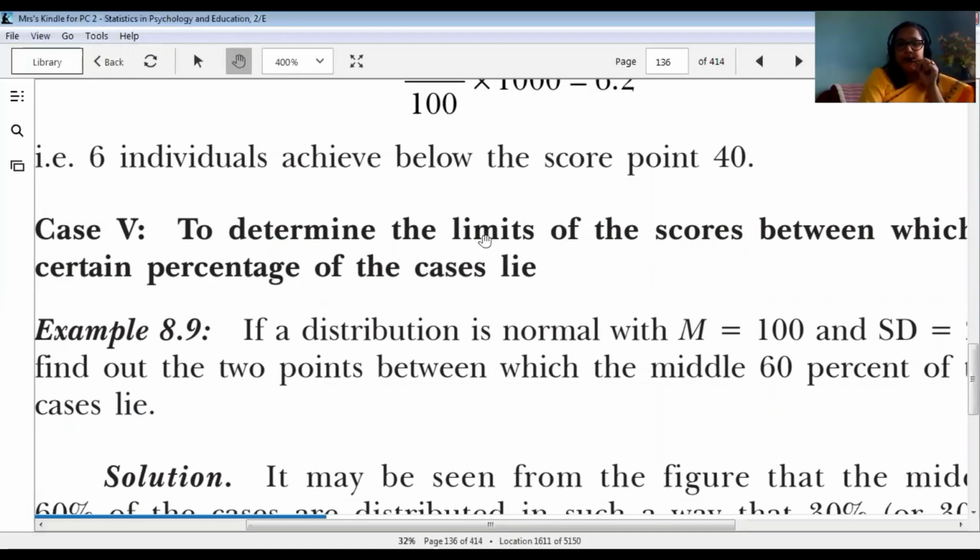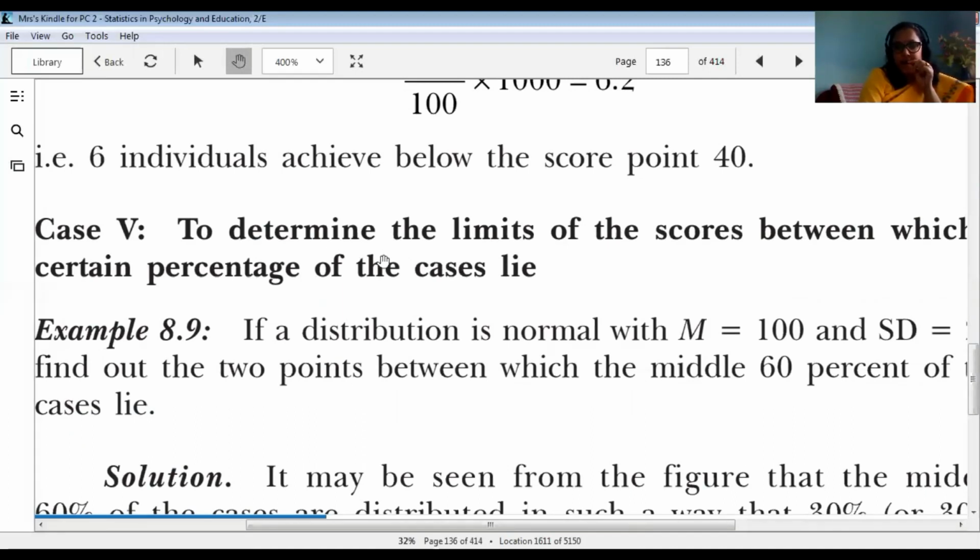The limits may be upper limit and lower limit both, between which a certain percentage of the cases lie. You please listen carefully. It means we can find out both upper limit and lower limit in terms of scores, between which a certain percentage of individuals lie.